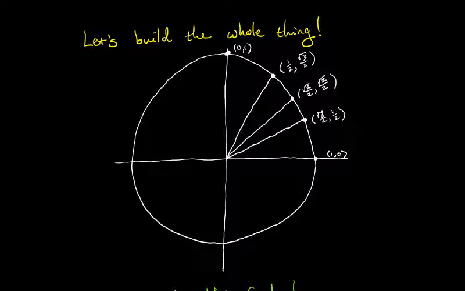And so let's label those angles real quick, right? So this is 0 radians or 0 degrees. This is 30 degrees or pi/6, okay? This is 45 or pi/4. And this is 60 degrees or pi/3.